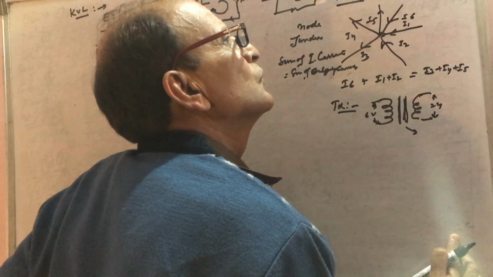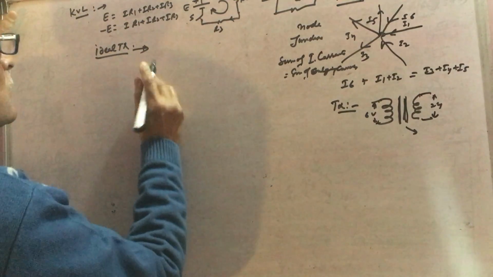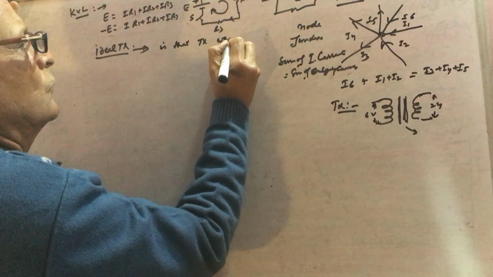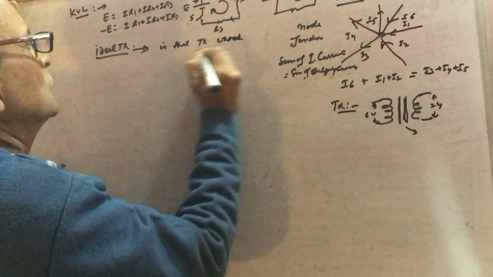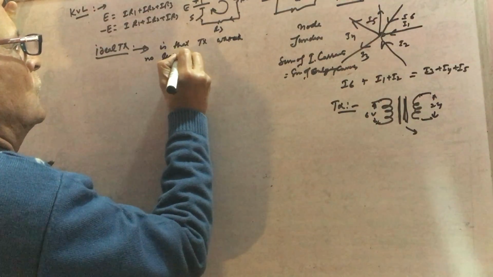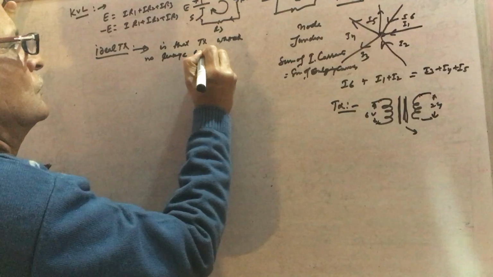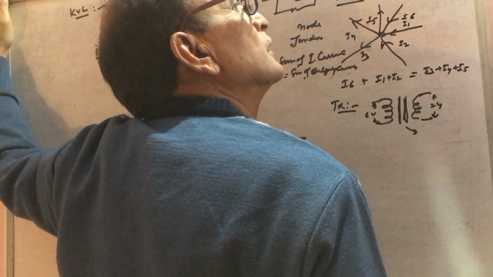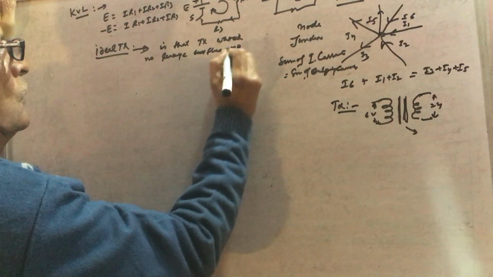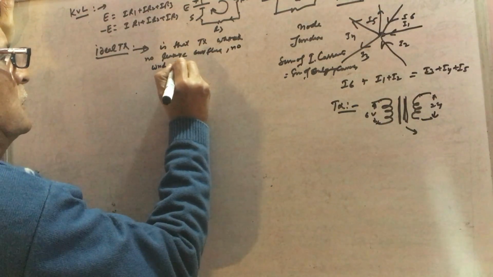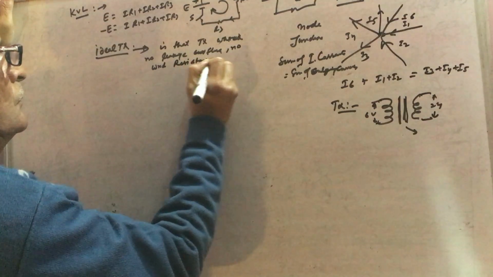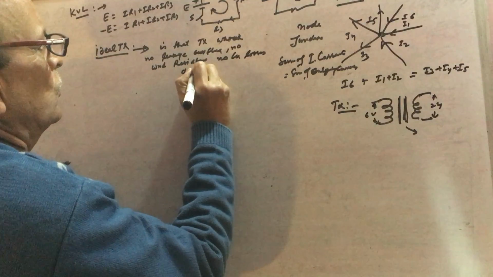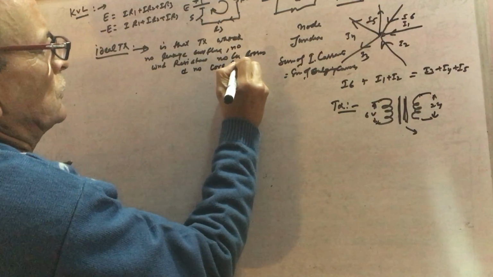But ideal transformer is that transformer which has no leakage flux, no winding resistance, no copper losses, and no core losses.